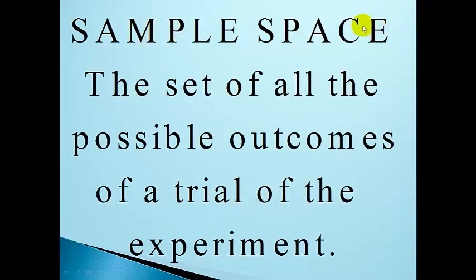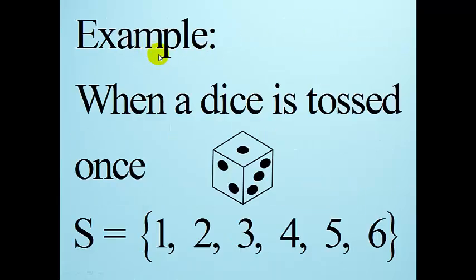A sample space. The set of all the possible outcomes of a trial of the experiment is what you call the sample space. Example, when a dice is tossed once, the sample space is 1, 2, 3, 4, 5, 6.